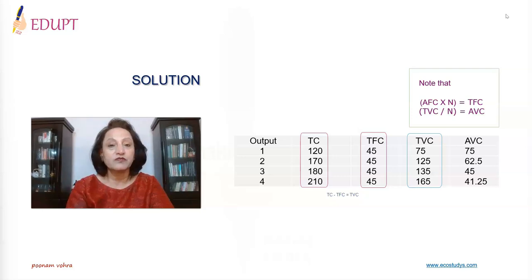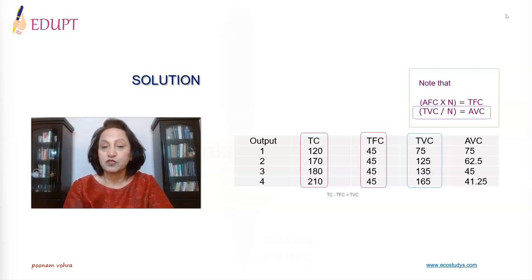Average variable cost will be total variable cost divided by number of units produced. So you get average variable cost for first unit is 75 divided by 1. It is 75. For the second unit it will be 125 divided by 2.